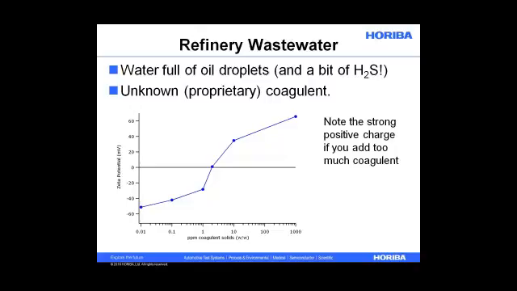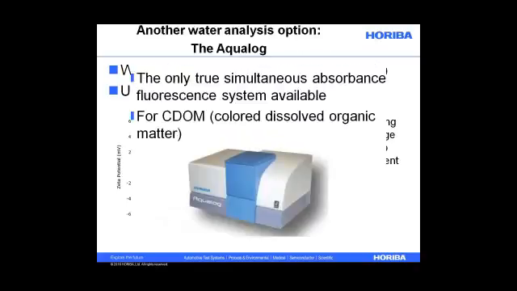No, that's probably not going to help you at all. I made a quick comment in the beginning that we can't analyze non-particulate waste with zeta potential, but we do have fluorometers that will measure things like colored dissolved organic matter, in our fluorescence group, like the Aqualog.